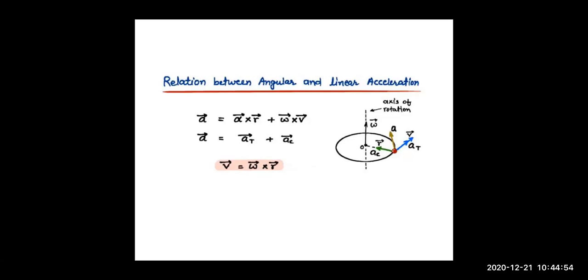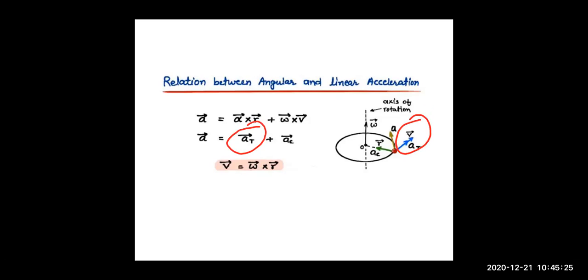Now children, here we know that the direction of the tangential acceleration is along the tangent. It is along the velocity, right? When a particle is moving on a circular path, at any point if you want to find the direction of the particle, then that can be found out by drawing a tangent, right? So the tangent gives the direction of the velocity, right children?